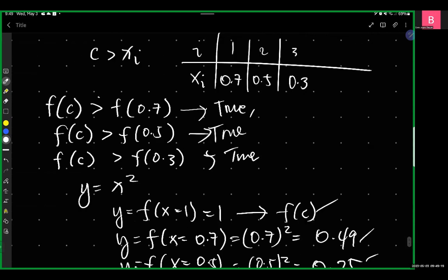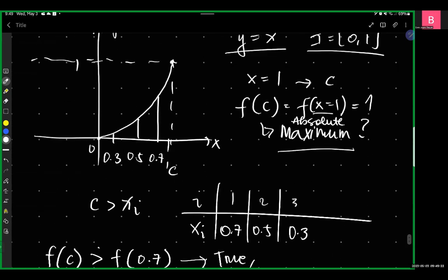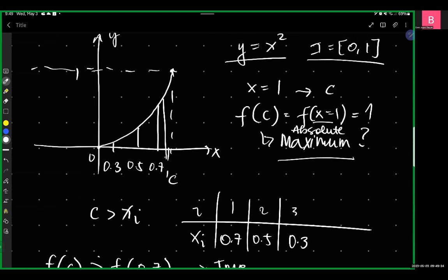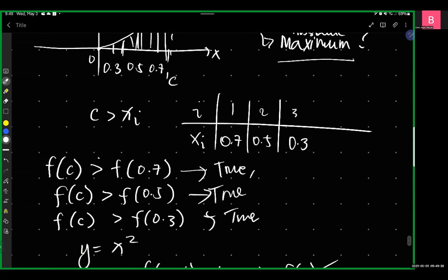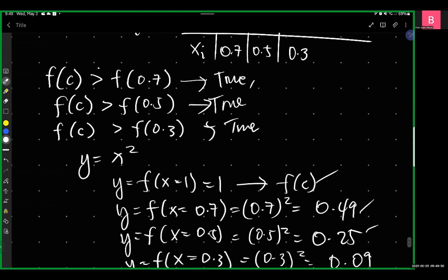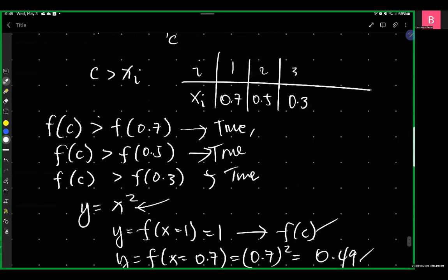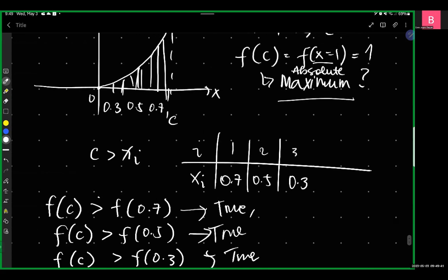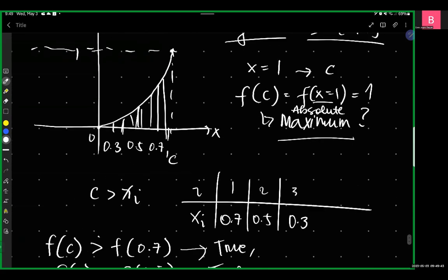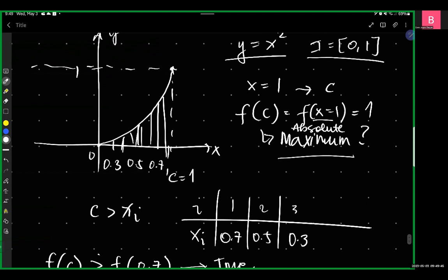Now, if we continue this process indefinitely, if we take any value less than c, we can see that there is no value of x that, when substituted into this function, will give us a value greater than f of c. And thus, we say that f of c, where c equals 1, is an absolute maximum.